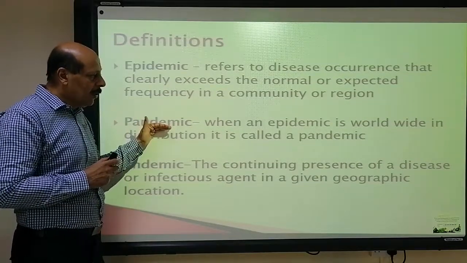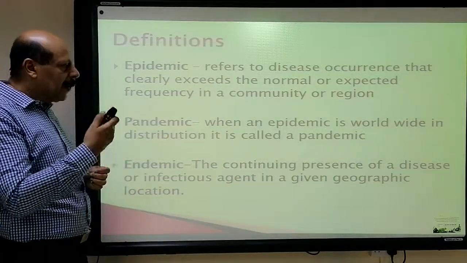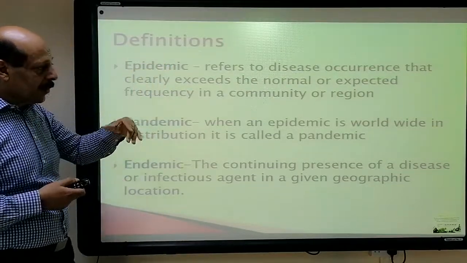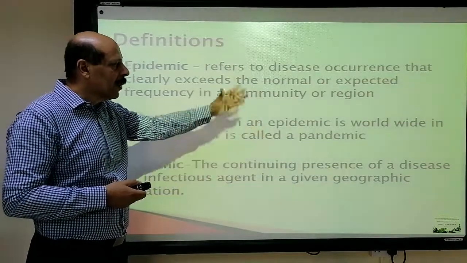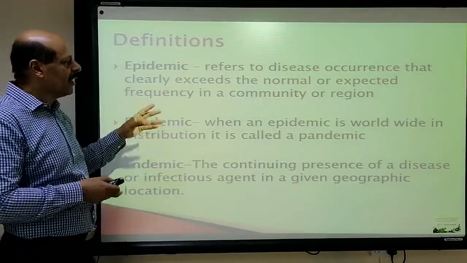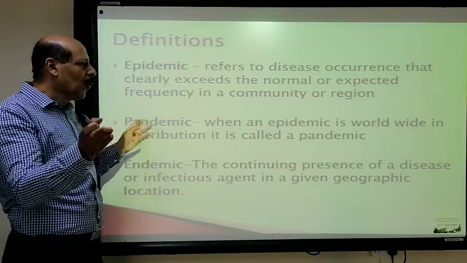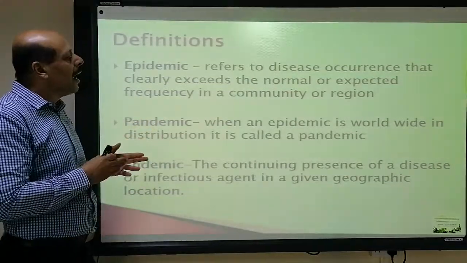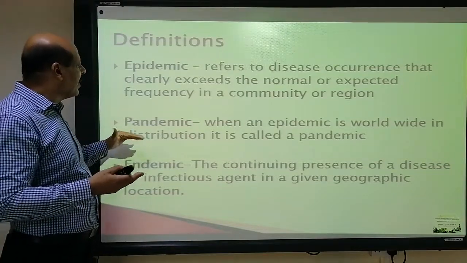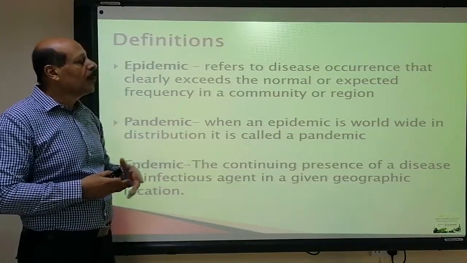Pandemic: when an epidemic disease is worldwide, so it is not only in a certain community or a certain region, it will spread widely to other countries. So worldwide distribution is called pandemic.